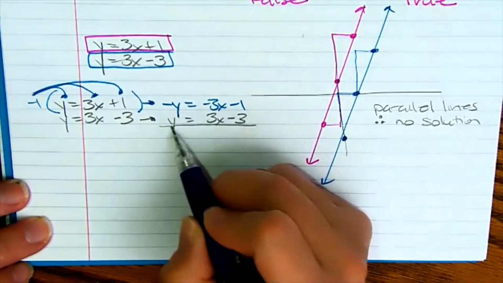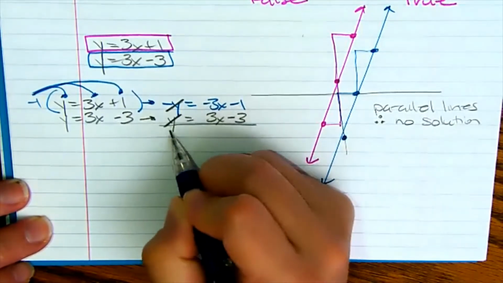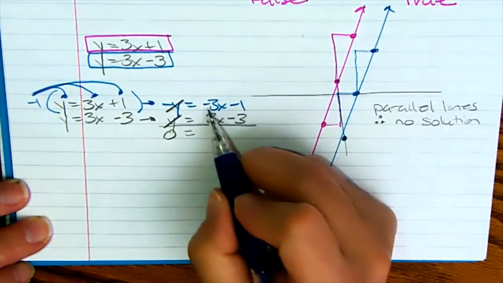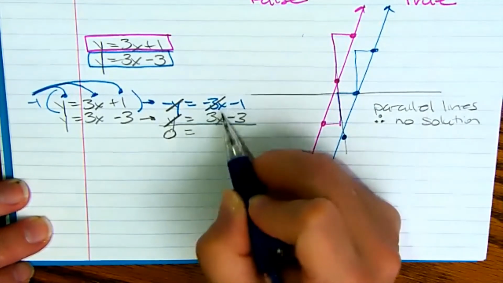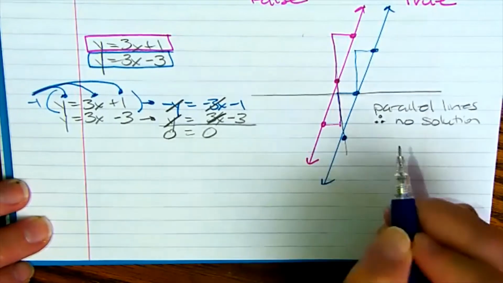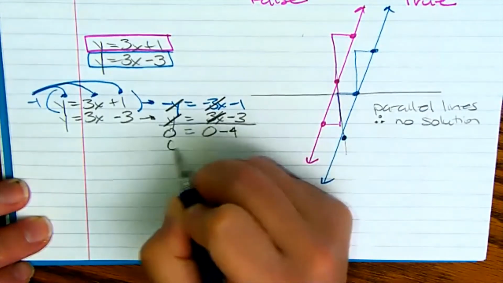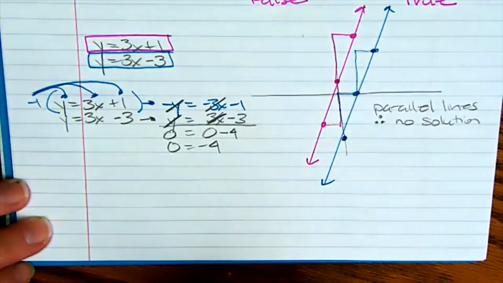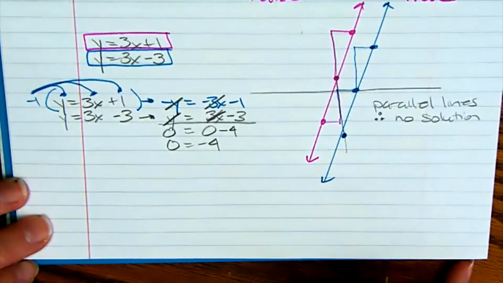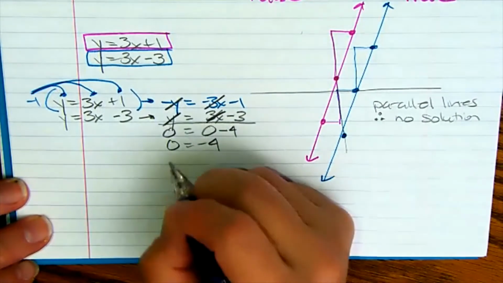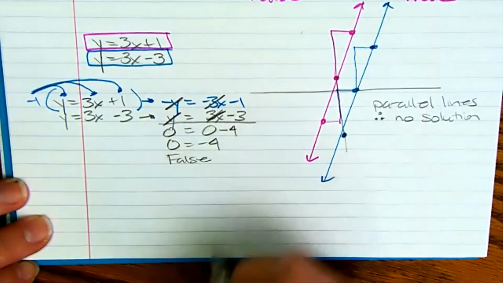Oh, -y and +y. These guys cancel, so that's 0. -3x plus 3x, these guys cancel, so that's 0. And -1 minus 3 is -4. 0 equals -4. Is that true? That is not true. That is a false statement.